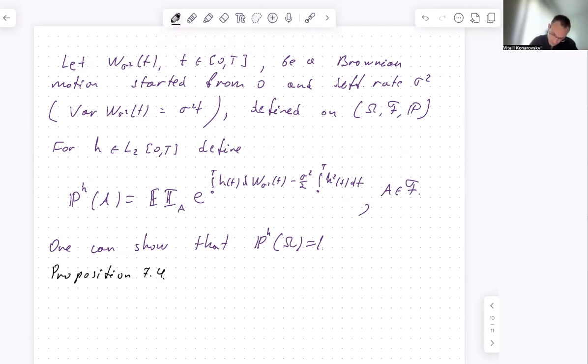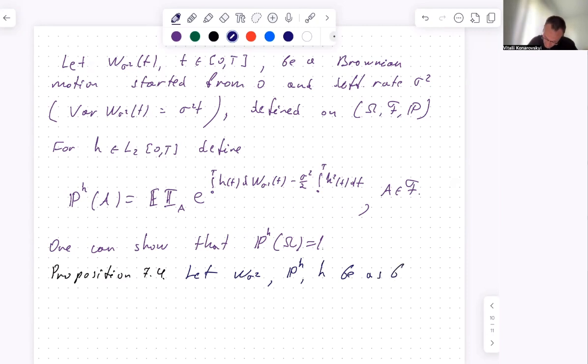Proposition 7.4. Let W sigma square, P_h and h be as before.